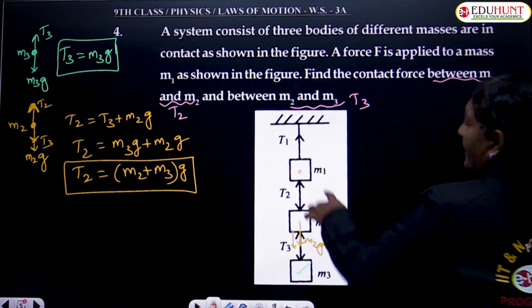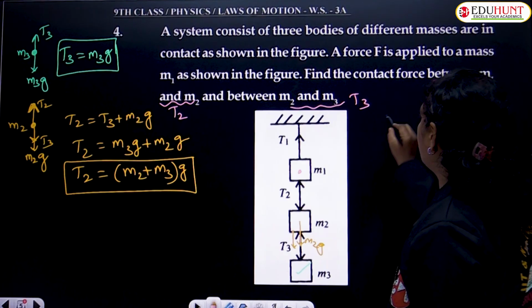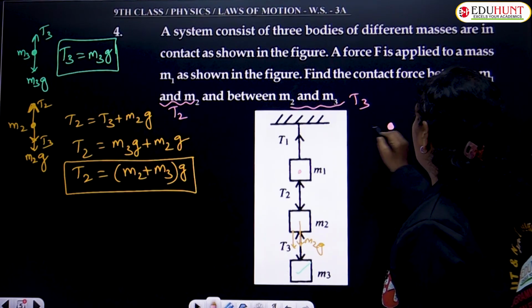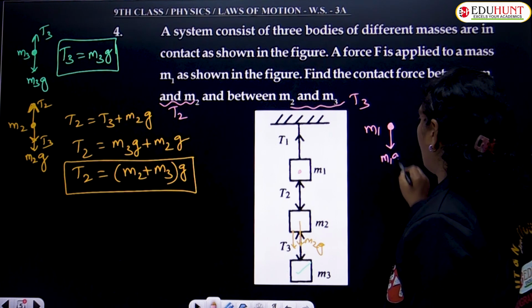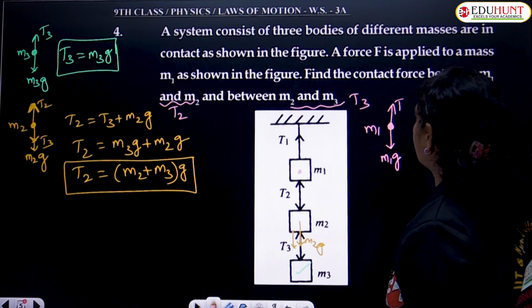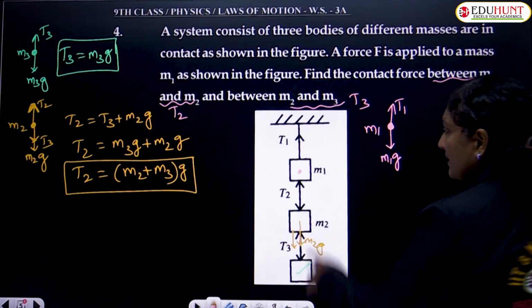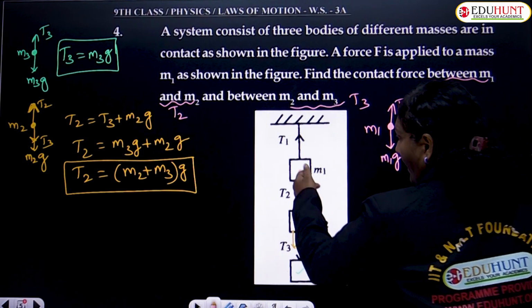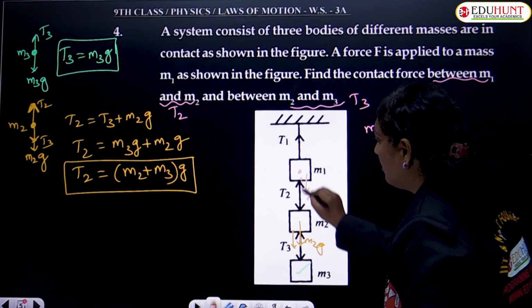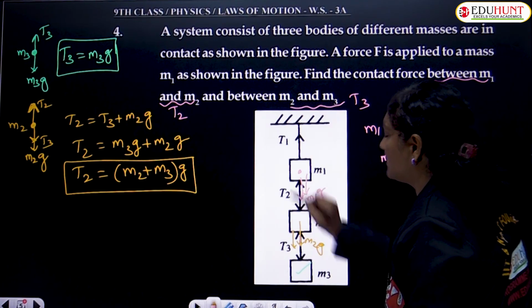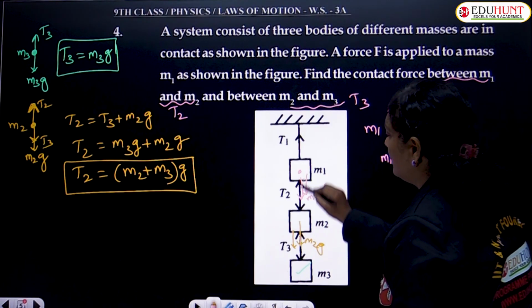Identify this first, children. This mass, let us write it as m1, whose weight is no doubt acting downwards, and the upward force is nothing but tension T1. But if you observe this carefully, along with the weight m1g of the body, one more force is acting downwards, that is your tension T2.